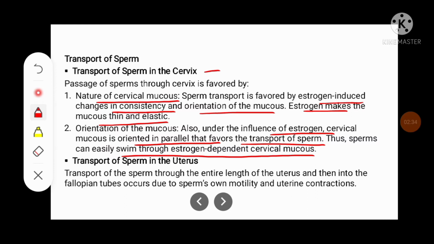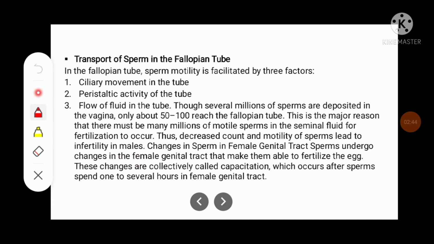The transport of the sperm through the entire length of the uterus and then into the fallopian tube occurs due to the sperm's own motility and uterine contractions. In the fallopian tube, sperm motility is facilitated by three factors. One is ciliary movement of the tube, second is peristaltic activity of the tube, and then the flow of fluid in the tube.